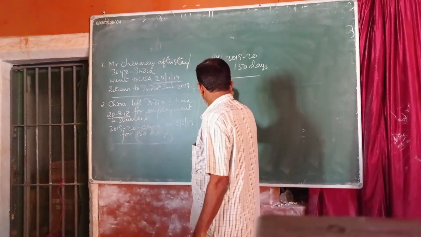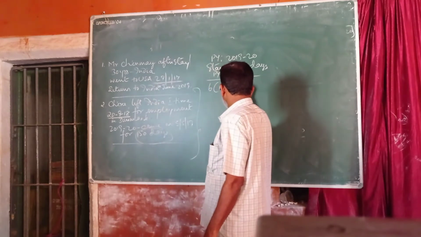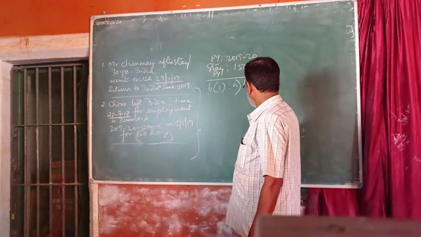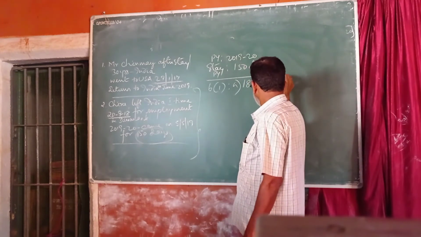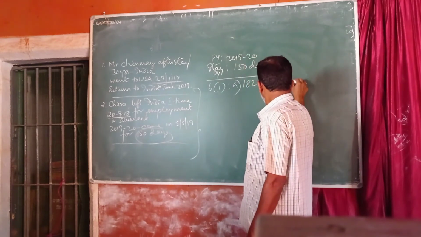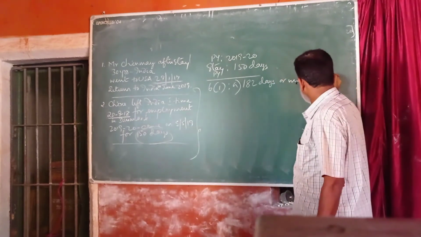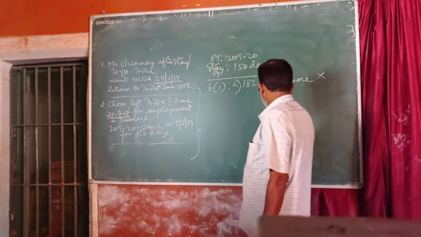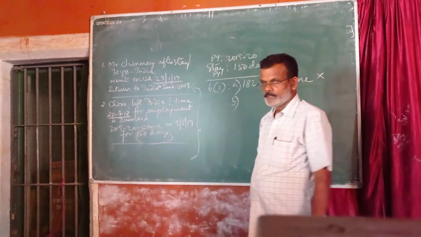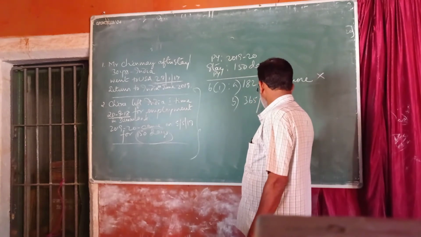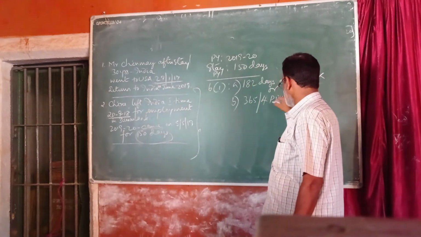Section 6 subsection 1 says that basic condition A: he has been in India for 182 days or more during the previous year. This condition is not satisfied. Or B: he has been in India for 365 days in 4 preceding previous years.